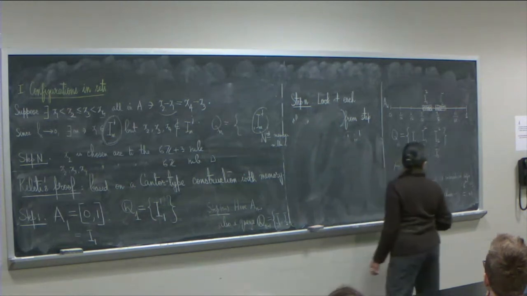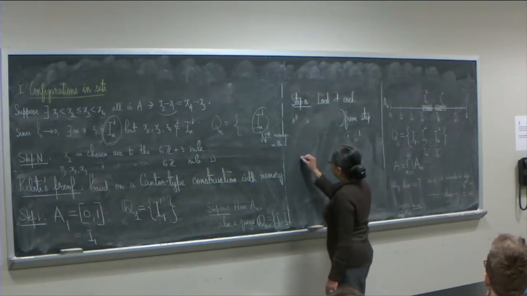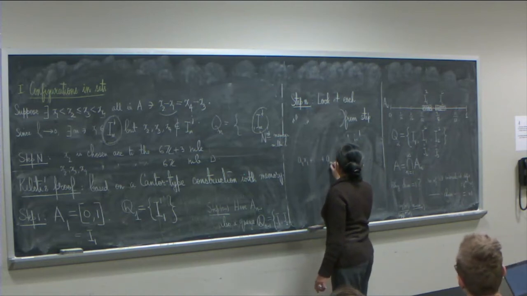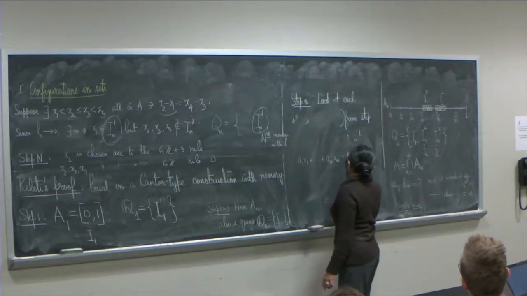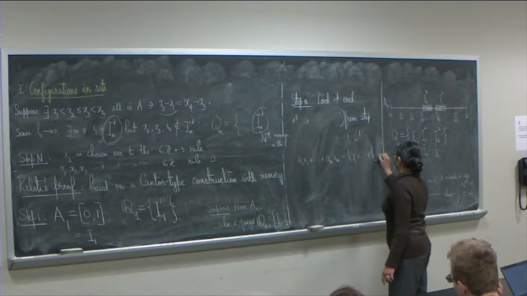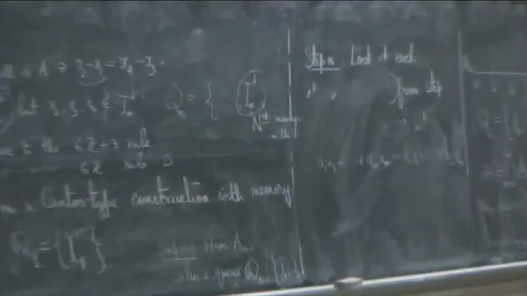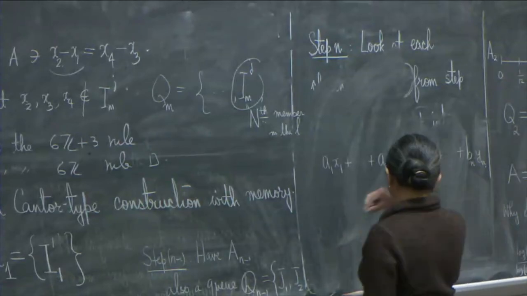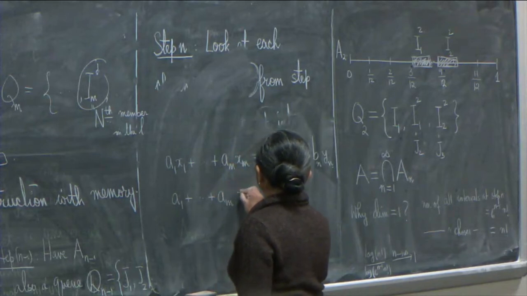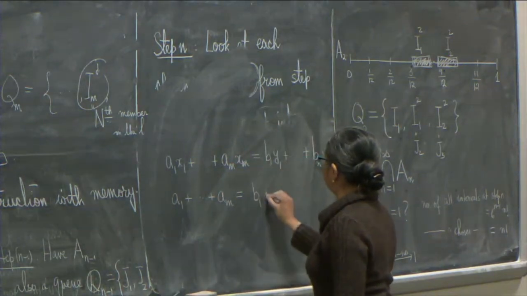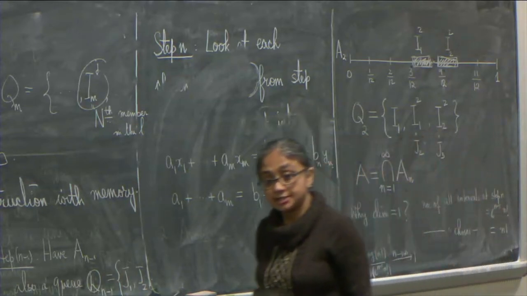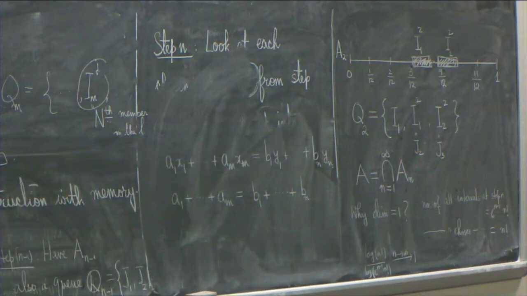You could take an equation of the following form. Let's say a1 x1 plus ... plus am xm equals b1 y1 plus ... plus bn yn. Okay, and I am going to assume that a1 plus ... plus am is equal to b1 plus ... plus bn, so that this equation remains invariant under the same translation of the xj's.